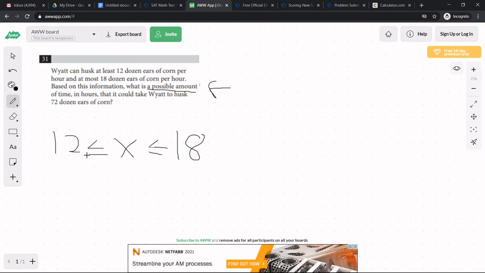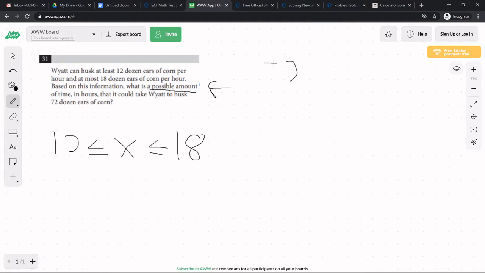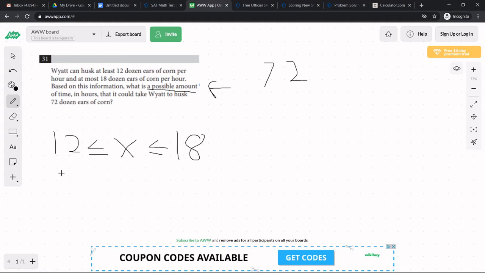This is a very weird inequality problem because it is technically an inequality problem, but it really doesn't work like one. So you know that you have to do 72, and you know that you can do anywhere between 12 and 18 an hour. So all you have to do, choose one of them, or any number in the middle if you want to.